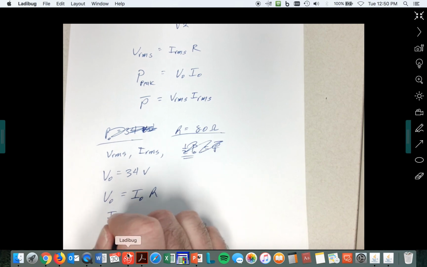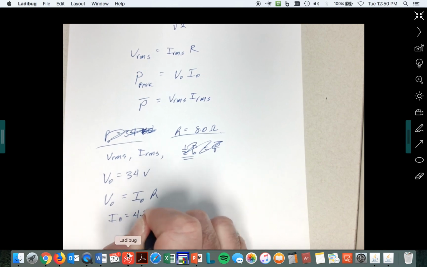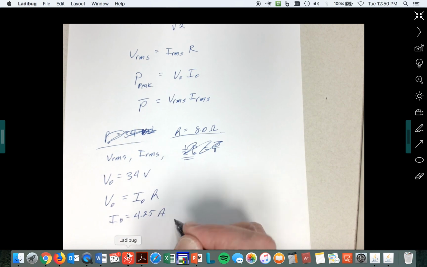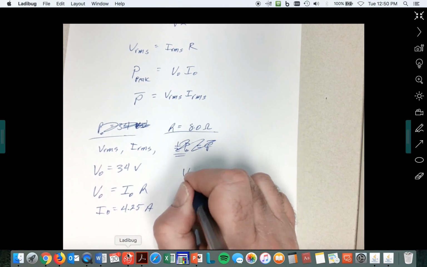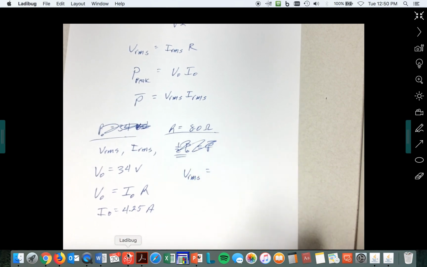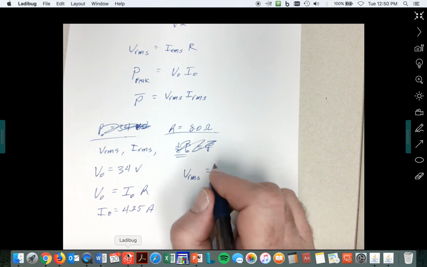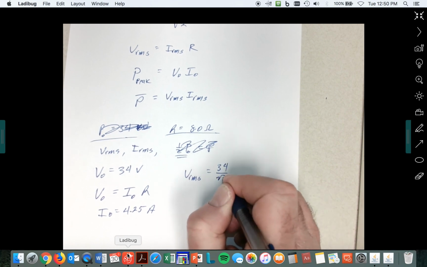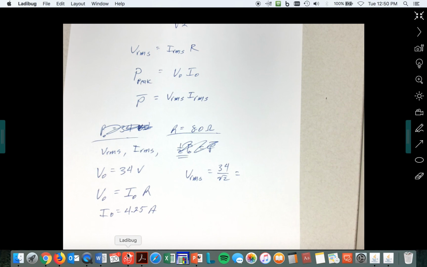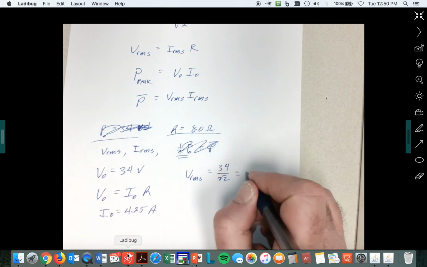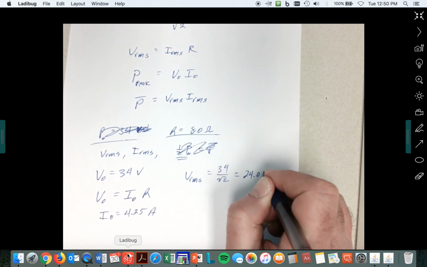I naught is equal to 4.25 amps. Therefore, VRMS is equal to 34 divided by the square root of 2. And it's always that, because it's based on the sine curve, not multiplied by, divided by. It is equal to 24 volts.